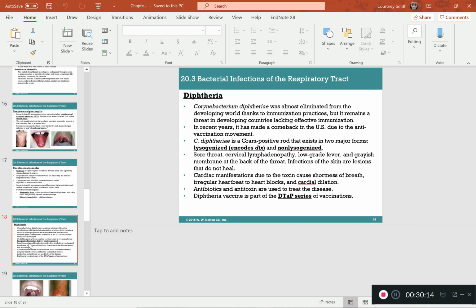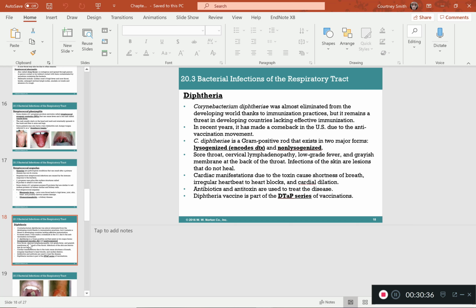But after you have the infection, they will heal. Also, sometimes if diphtheria does produce a DTX toxin, it will cause shortness of breath, irregular heartbeat, and then also it can even cause cardiac dilation, so your heart can enlarge.